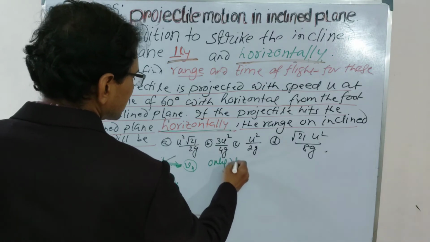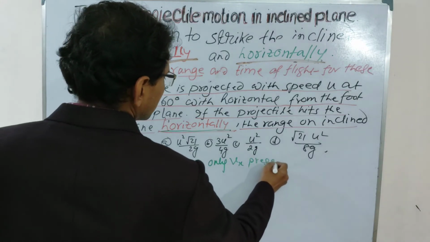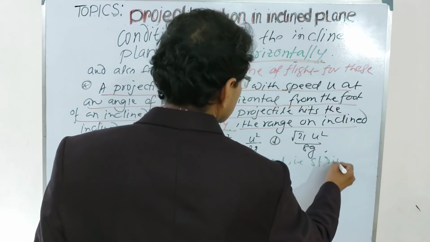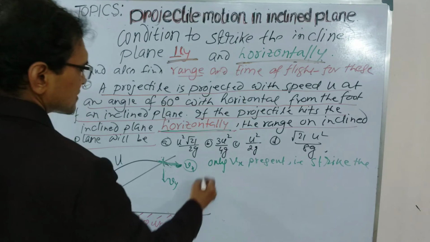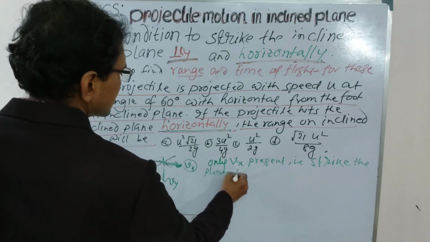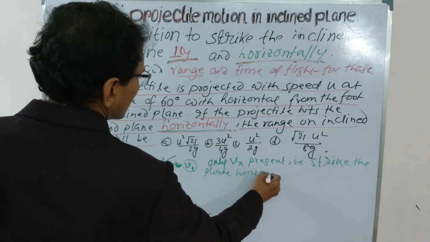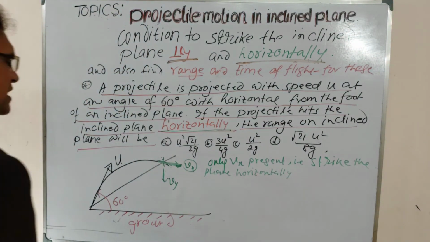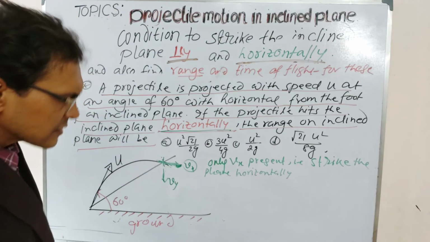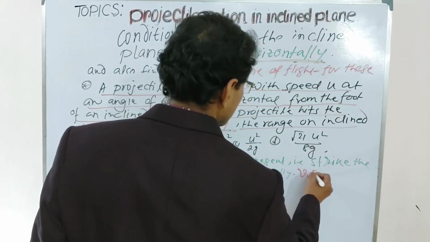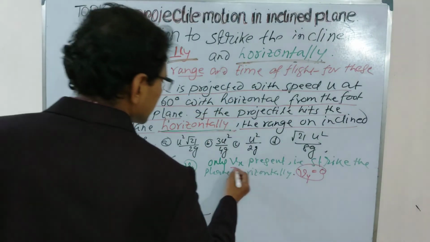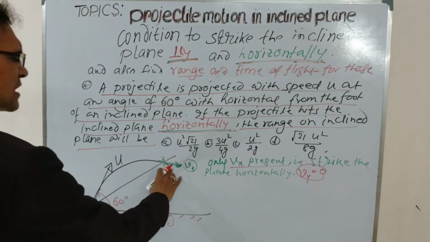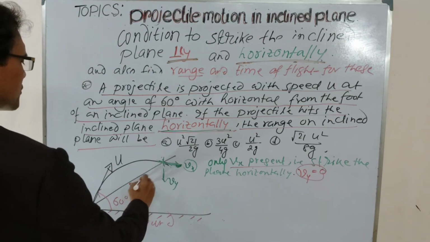Striking the plane horizontally means Vx present, Vy 0. So this is the condition under which you have to find the range.